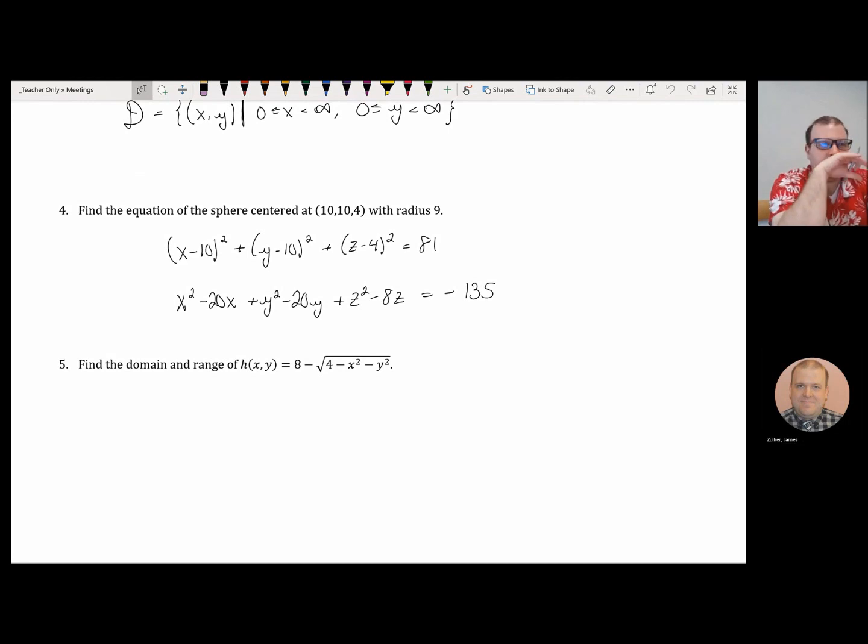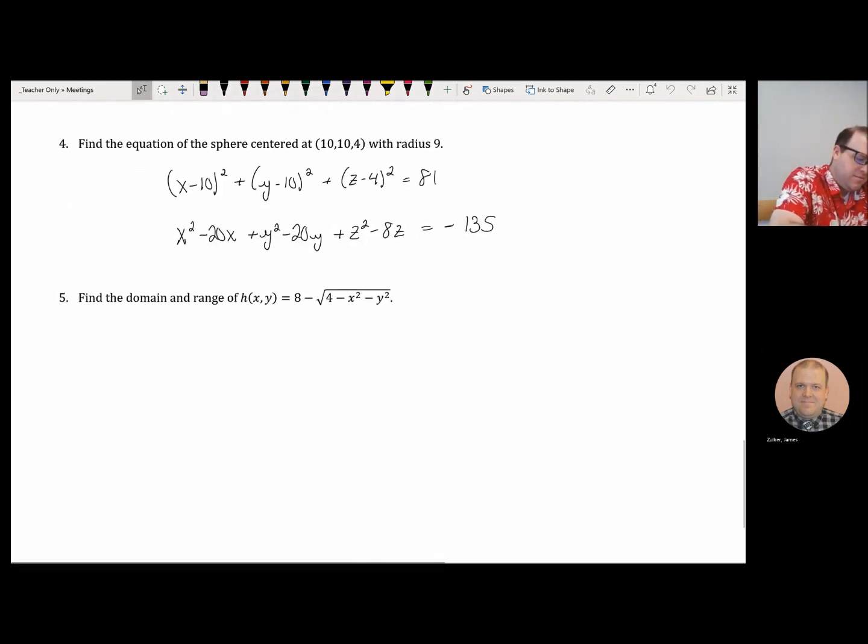Domain and range. So set of all ordered pairs x, y such that, again, we have a square root. What's under the square root has to be non-negative.